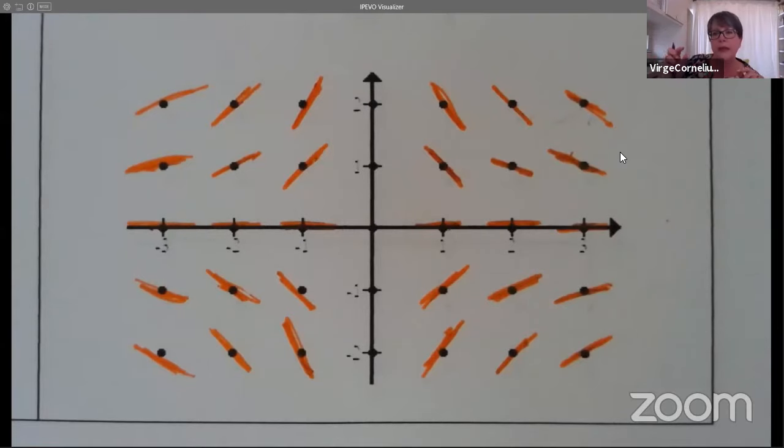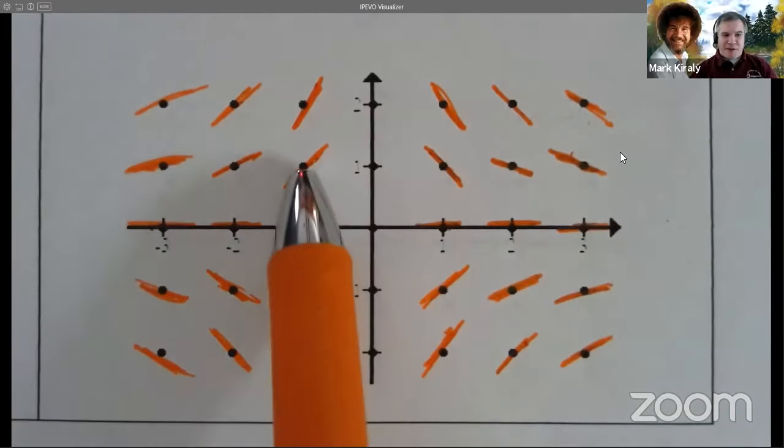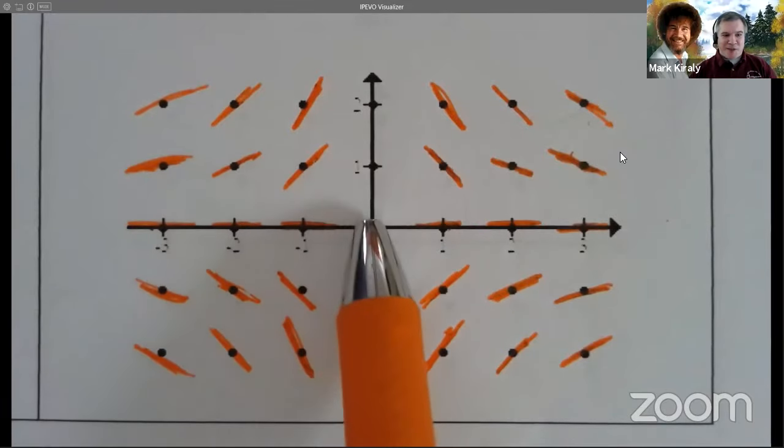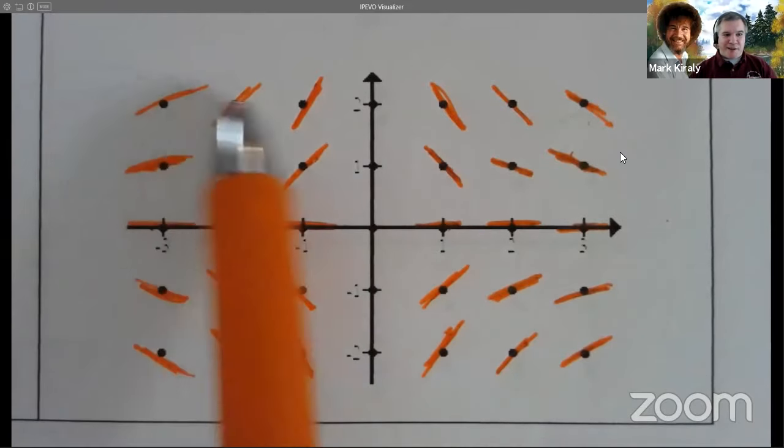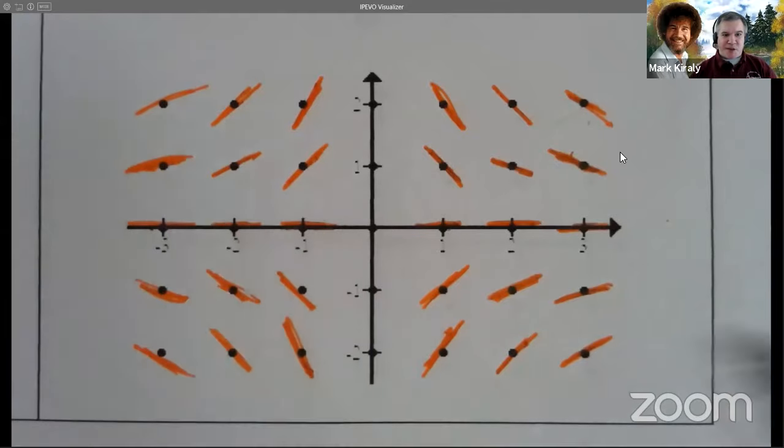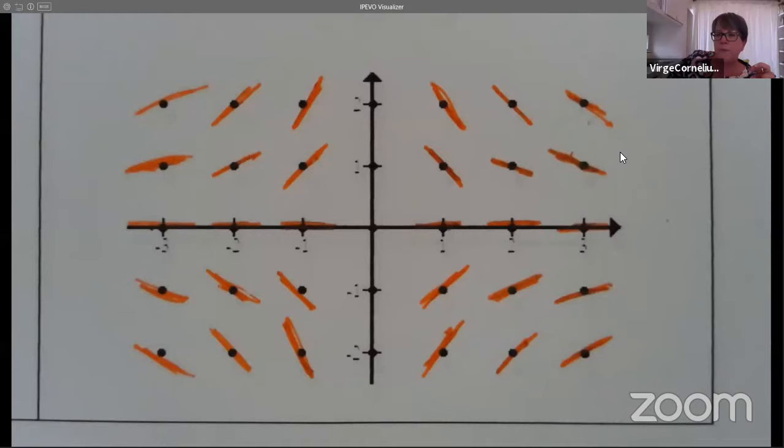So we want to have these tiny line segments that are not touching any of the other line segments. And in theory, there's an infinite number of possible tangent lines in here, and we're just trying to highlight specific ones. So you want to keep them discrete. Okay, good. And what about students actually writing their slopes, numerical values, right onto the actual slope field?